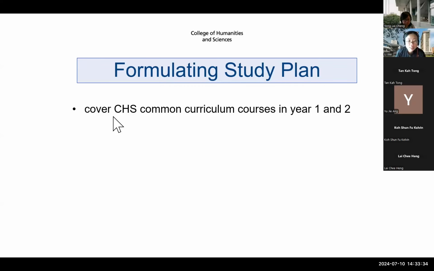The CHS has the common curriculum that is for all the faculties in CHS, for all students in CHS. As long as you are a QF major, you need to take those courses. If my memory serves, it is 13 courses. You need to cover those courses in year 1 and year 2.